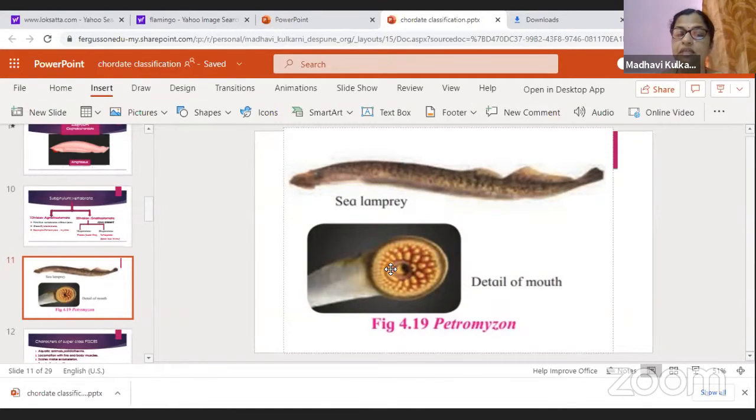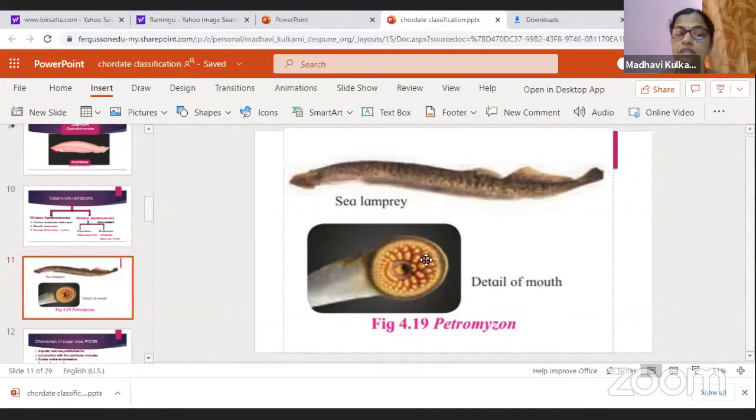One more interesting thing here: this is a photograph of the mouth of this animal. Here you will see no upper jaw or lower jaw. Jaws are totally absent. That is why it is Agnathostomata. And the name of the class is Cyclostomata because it has a circular mouth.